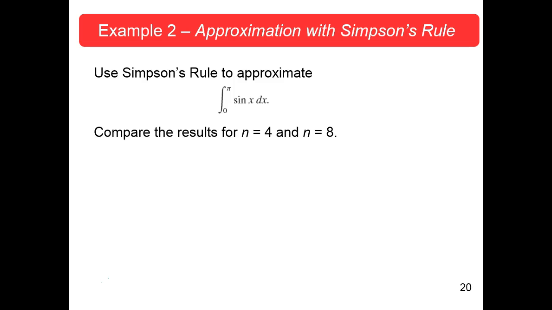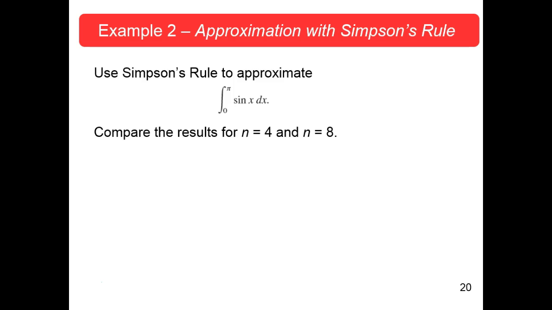Now, here's example 2, using Simpson's rule. Hopefully you'll find it easier to use than to talk about it. By the way, example 2 is also located at larsoncalculus.com, an interactive version of that type of example. So we're going to integrate, and were you here last time?